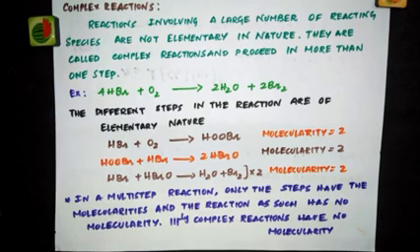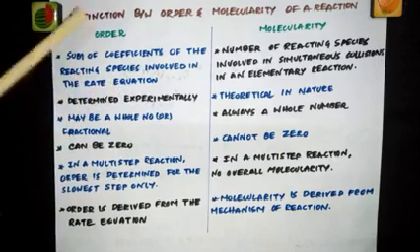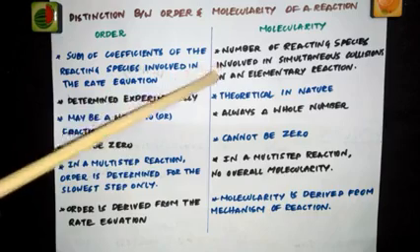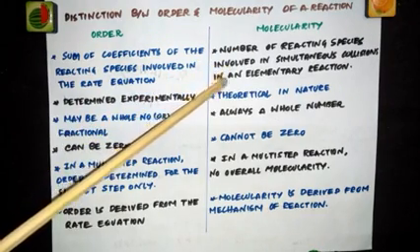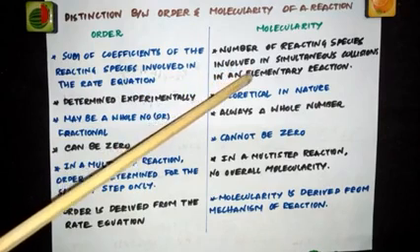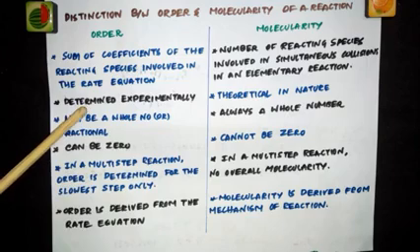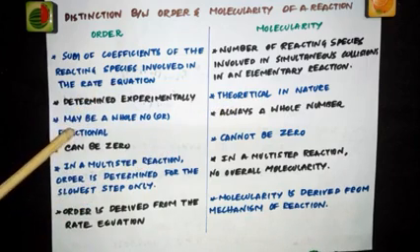Now let's finish this video by looking at the differences between order and molecularity. As per the definition, the sum of coefficients of the reacting species involved in the rate equation is order. Molecularity is the number of reacting species involved in simultaneous collisions in an elementary reaction. Order can be determined experimentally, whereas molecularity is theoretical in nature.